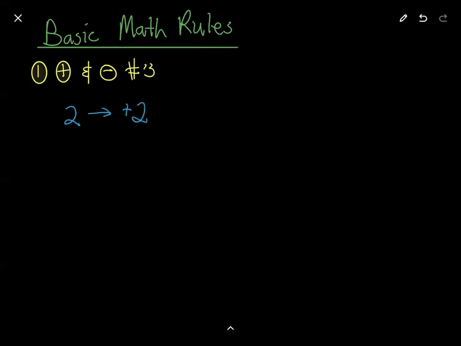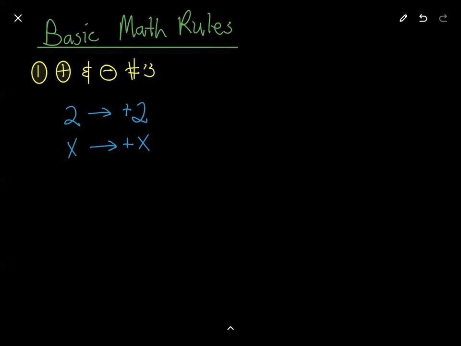Positive numbers are numbers we use all the time. The same goes for variables, like the variable x, which is a positive x. It's presumed. Basically, if you don't see a sign associated with a number or variable, you're to assume it's a positive value.